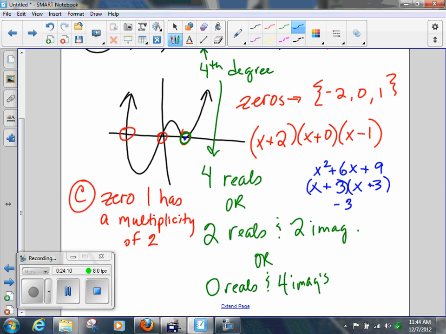That means there's a double root there at the 0, 1, right here. That's a double root. That's why. I don't even need to look it up because I know that's why. Okay? Multiplicity. Covering 2 factors.